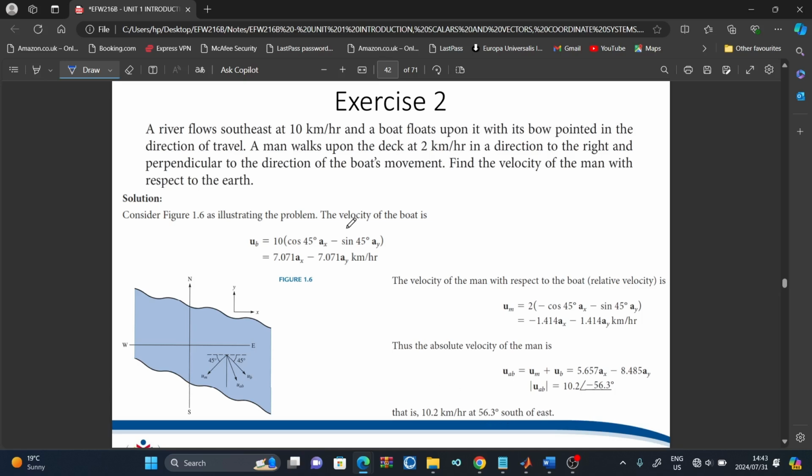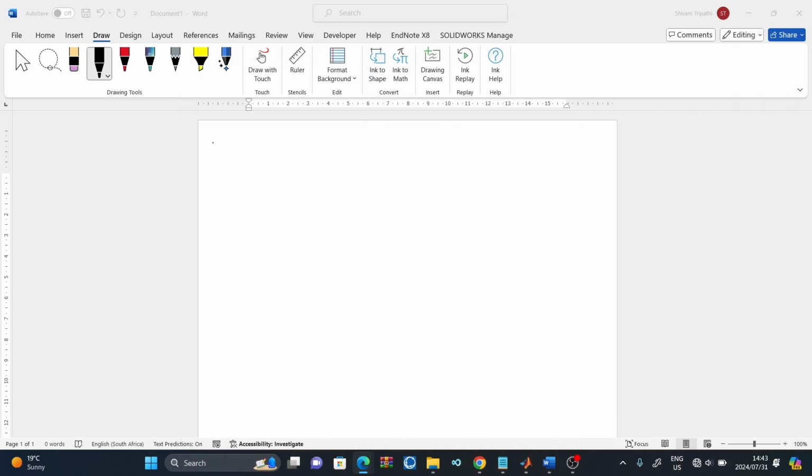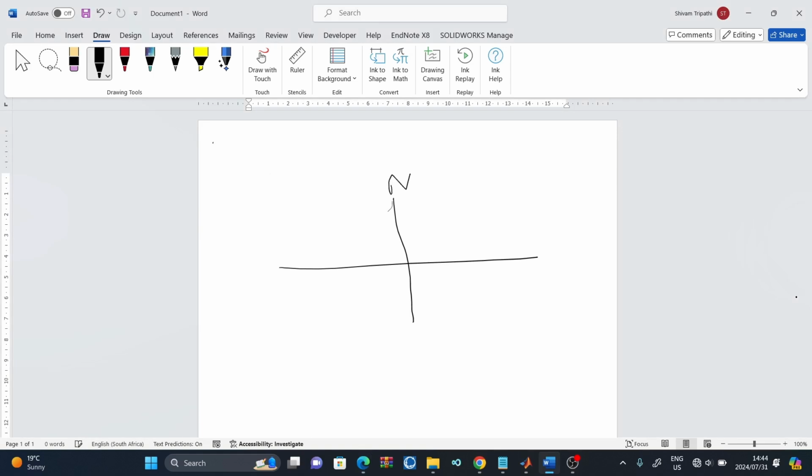Then exercise 2, let's try it. They say a river flows in a southwest direction, so we can have something like this. Let's say this is north, south, this is our east, and that is our west.